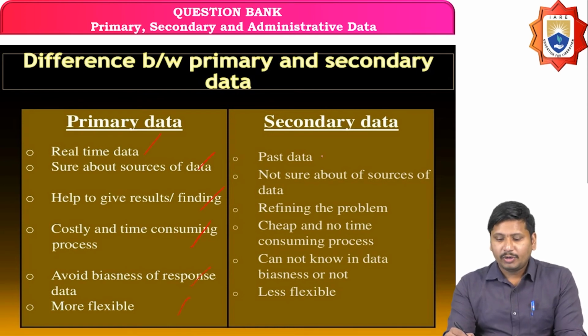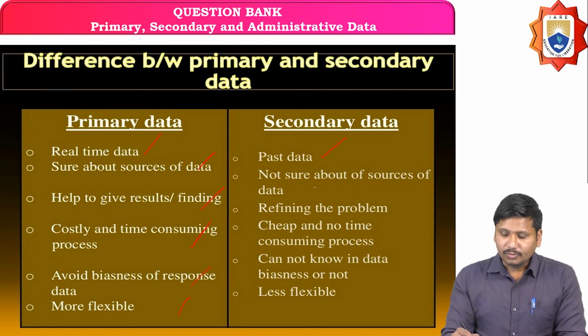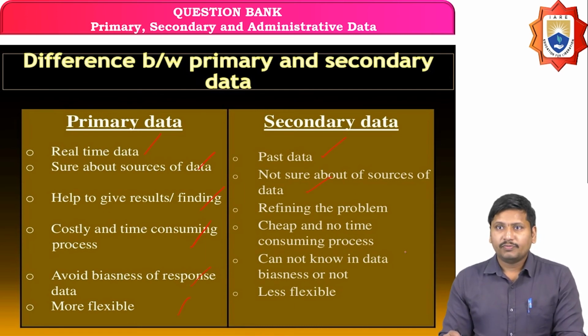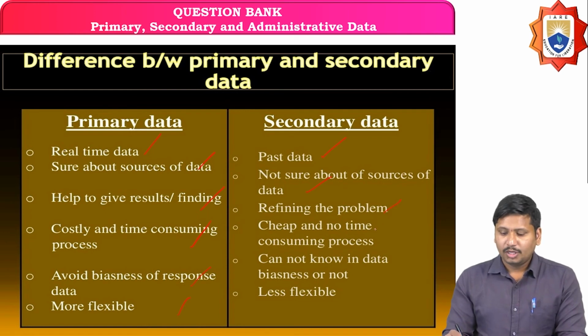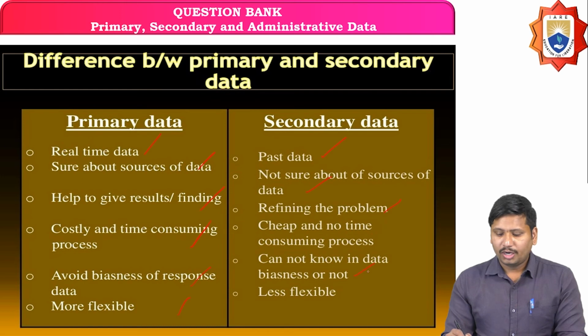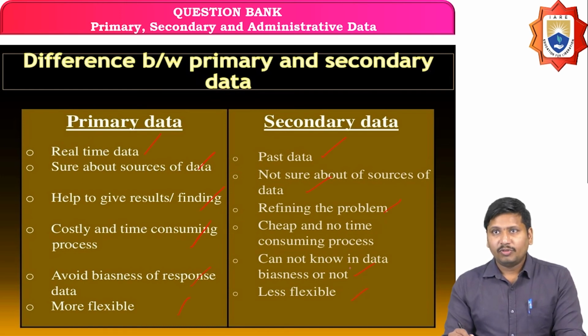And secondary data, if you look into it, is past data, we are not sure about the sources of the data, it refines the problem, it is cheap and not time-consuming, we can't know whether there is data bias or not, and it is less flexible. So these are some of the differences I identified between primary and secondary data.